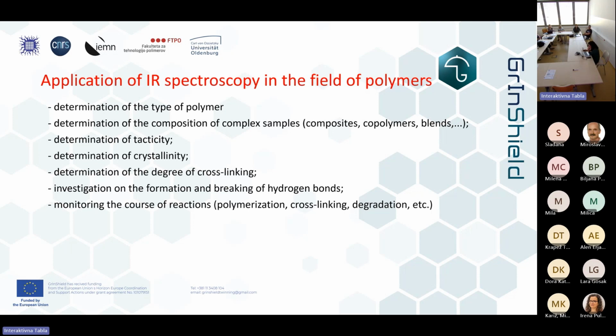Of course, with laboratory instruments, we can also find other types of polymers which cannot be found by this kind of simple equipment. Then we can determine the composition of some complex samples, composites, copolymers, blends.